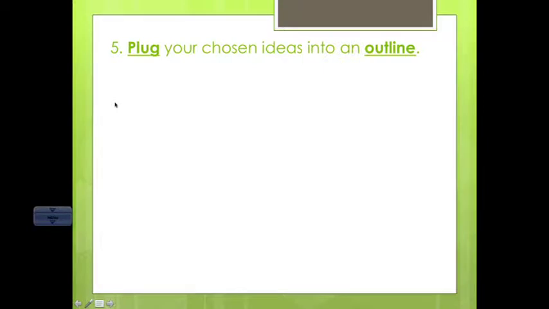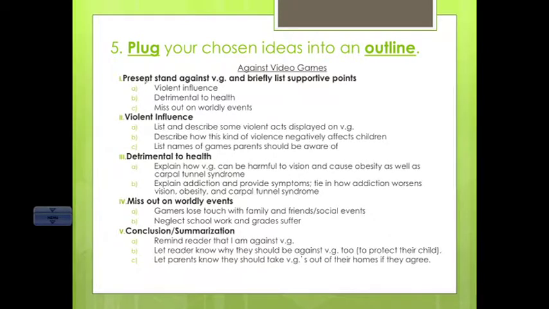Okay, so now that we figured out how to group and order our ideas, we're going to look at how we're going to plug our chosen ideas into an outline. This is very simple. Remember, this was our number one, our number two, and our number three, the order that we ordered them in. So now what we're simply doing is we're taking violent influence and we're creating a whole section in our essay regarding that matter.